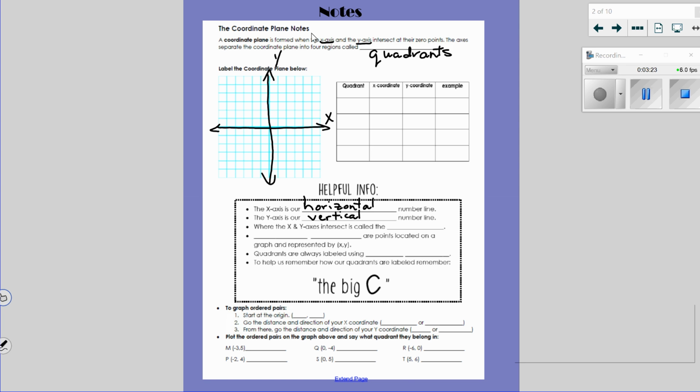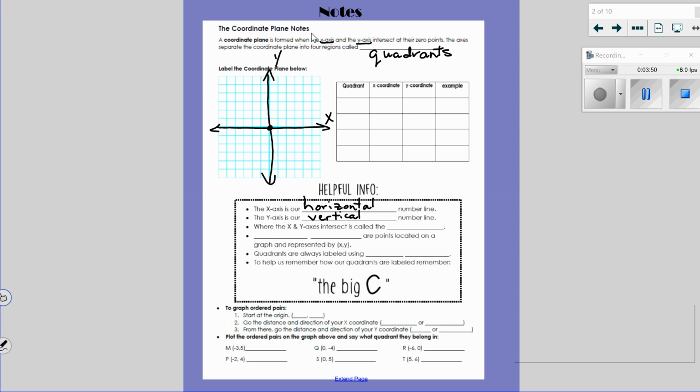There's also another special point, and this is where those 2 lines intersect. So if I look right here in the middle is a special point. Where those 2 axes intersect is called, Madison, you know it? Oh, no, I have a question. Okay, what's your question? I kind of thought that vertical meant slanted.